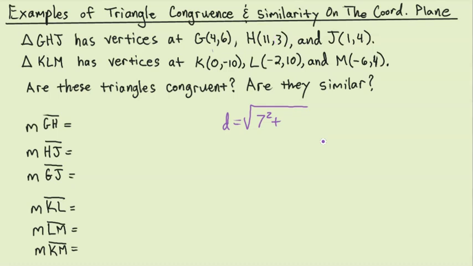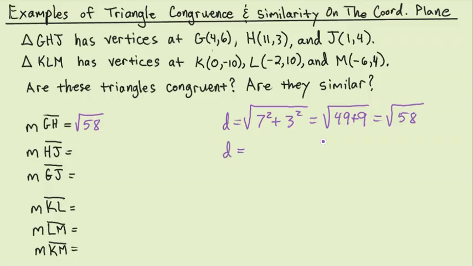Well, that's 3. So 3 squared. There we go. So we're going to have the square root. Well, 7 squared is 49, and 3 squared is 9. So that's 49 plus 9. So we got the square root of 58. And so GH is square root of 58.